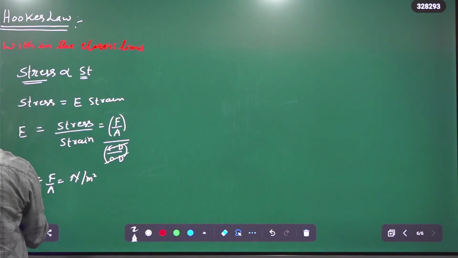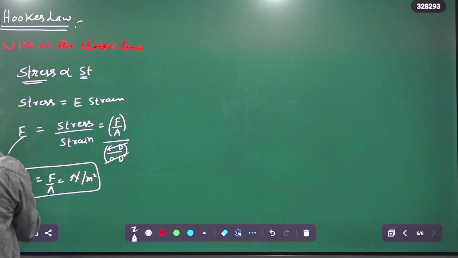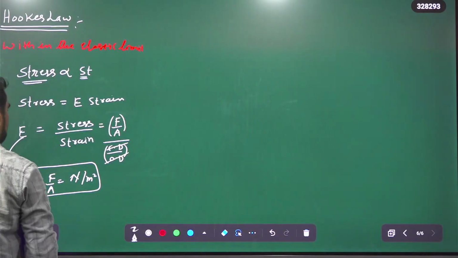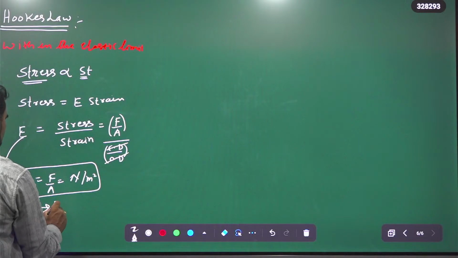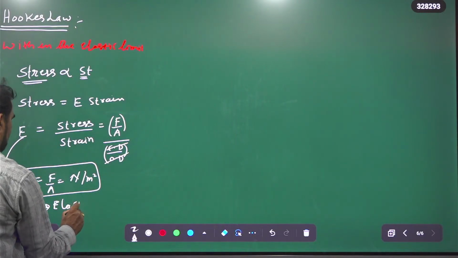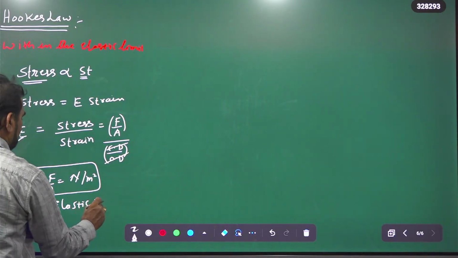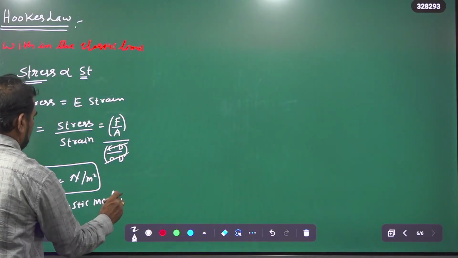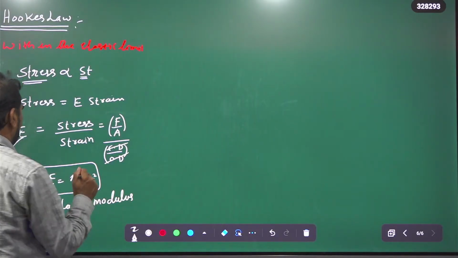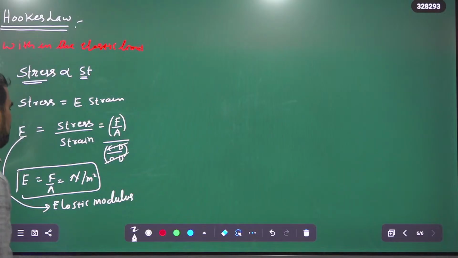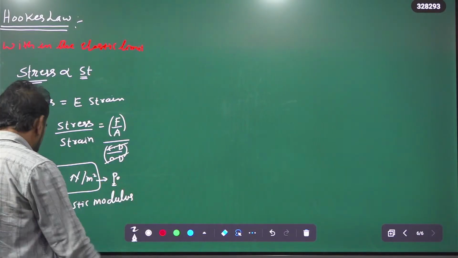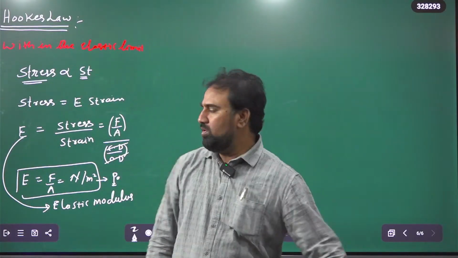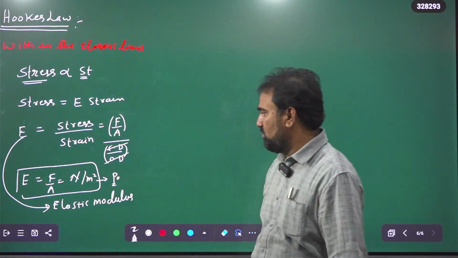This constant is called the modulus, or elastic modulus. It also has a positive value. This is called the elastic modulus.